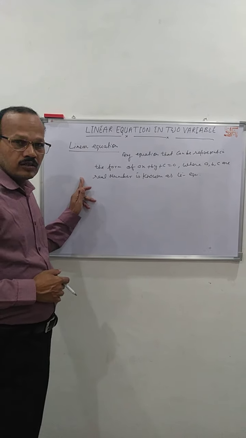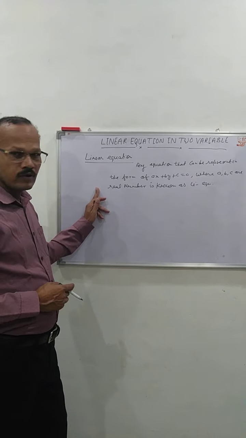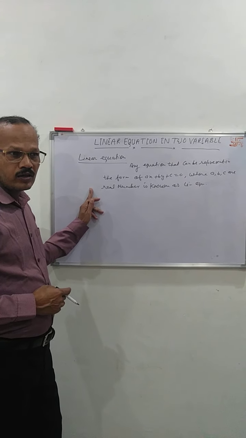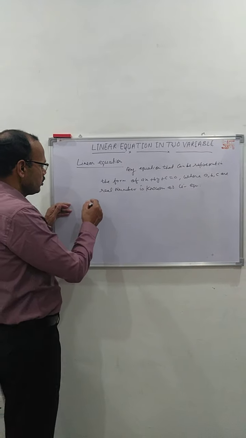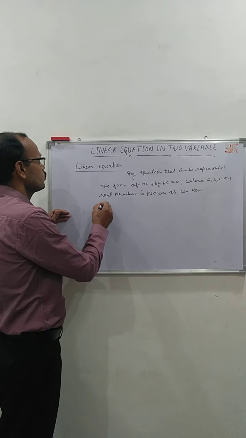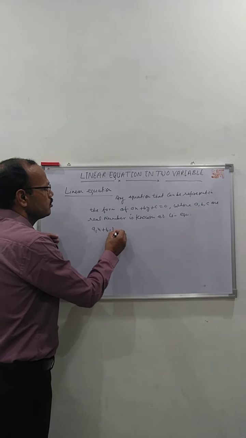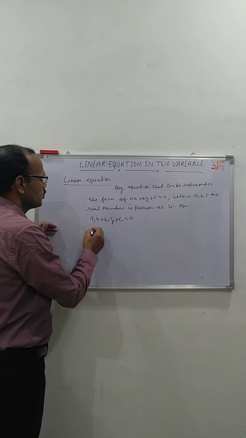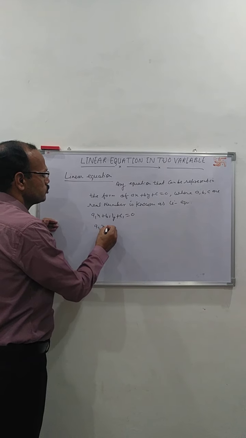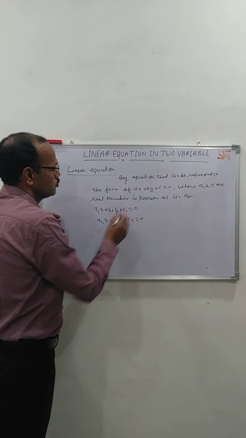In this lesson, to solve for the values of the variables x and y, we will consider a pair of linear equations. For example, I have taken the first equation a1x plus b1y plus c1 is equal to 0, and the second equation a2x plus b2y plus c2 is equal to 0.